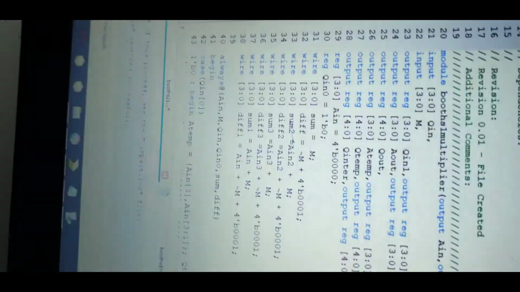And I'm going to show you this logic: every time the sum and difference signals were generated in these stages, the intermediate q temp and q inter values were shifted during the logic. Every time, these case statements were used to shift and perform the addition.